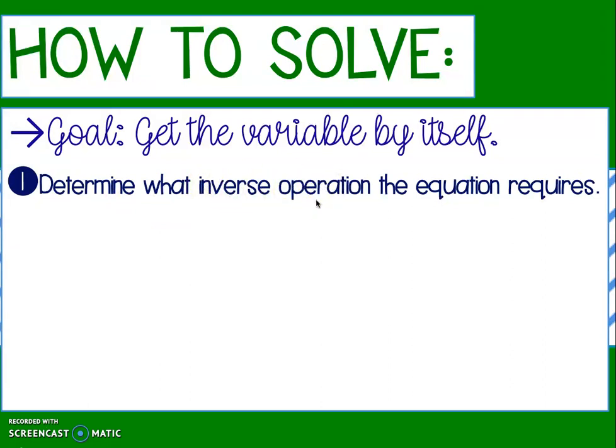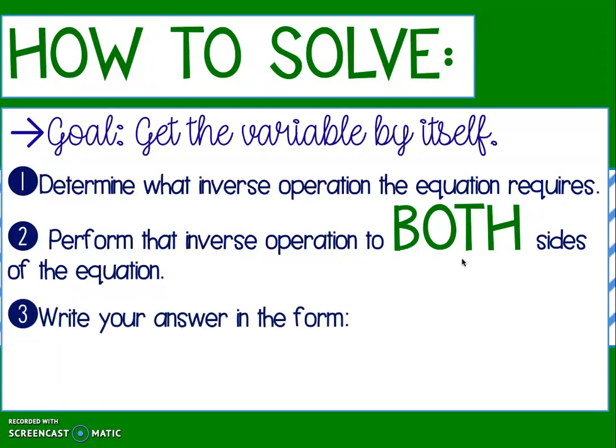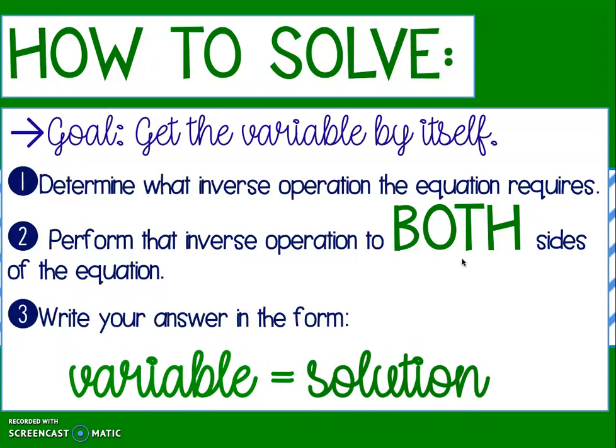So if we look at it and it's an addition problem, we figure out, oh, the inverse to addition is subtraction. Okay, then you're going to perform that inverse operation to both sides of the equation. So whatever you do on one side of the equation, you have to do on the other to keep them equal. And then the last step is to write your answer in the form variable equals solution. So you want your variable over here on the left equal to a solution.